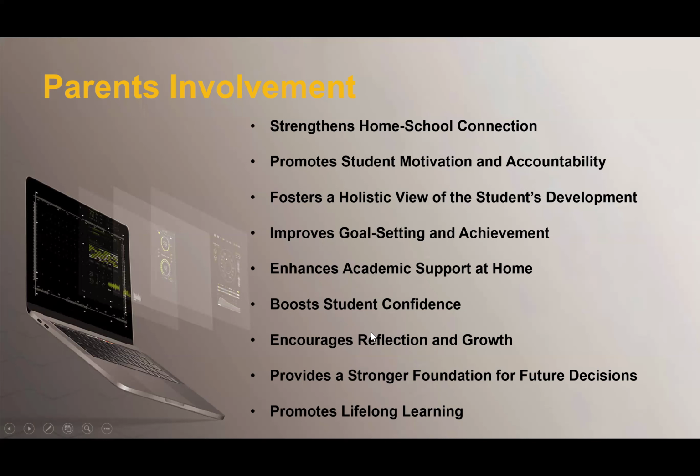The seventh one encourages reflection and growth. The portfolio process encourages both parents and students to reflect on academic and personal growth over time. Parental involvement can help students recognize their achievements and identify areas for future development.